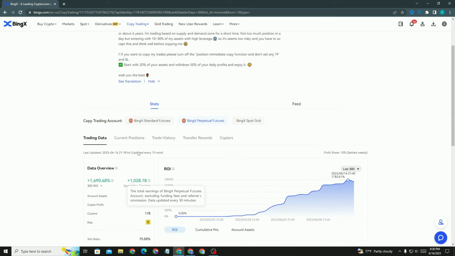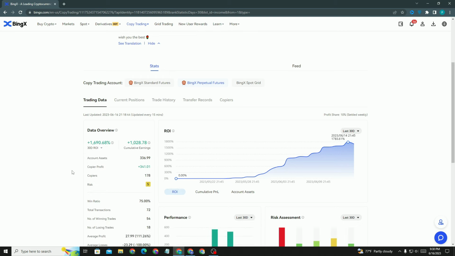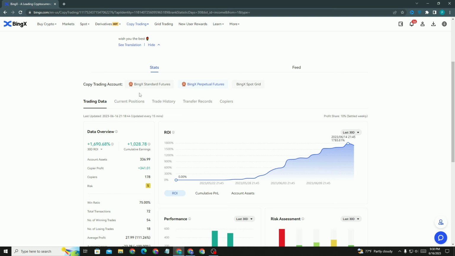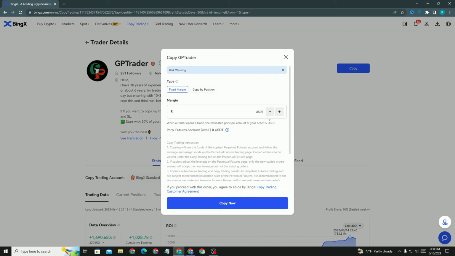Here you can see the data overview, the trading data: 1690.68% has been increased in the last 30 days. The amount, ratio, copy profit, loss and risks, each and every detail is provided here. If you want to copy, then you can simply copy now over there.